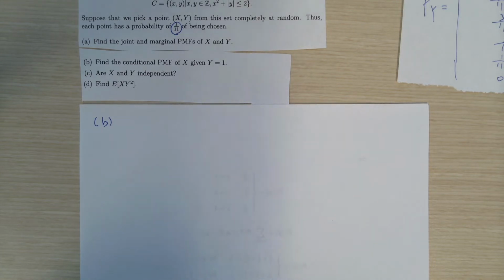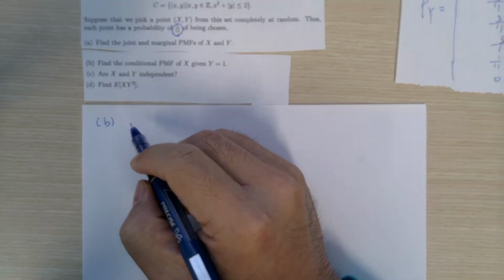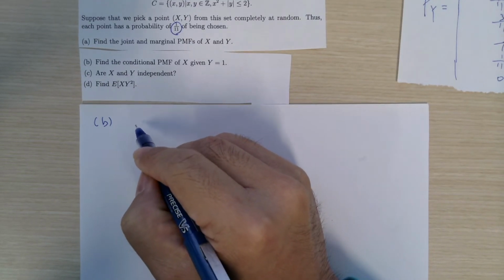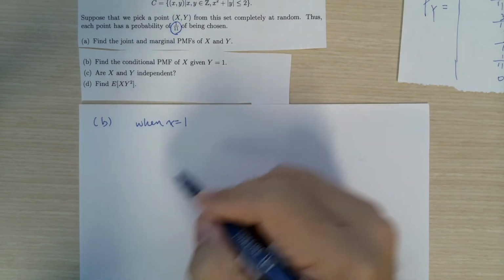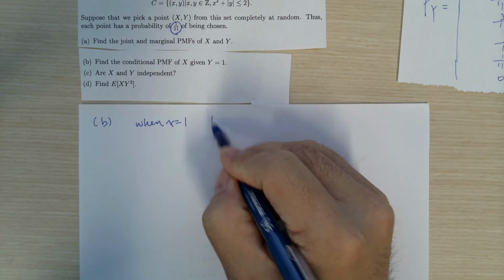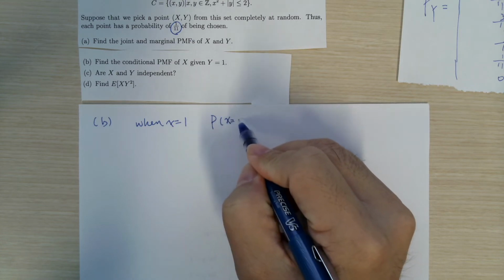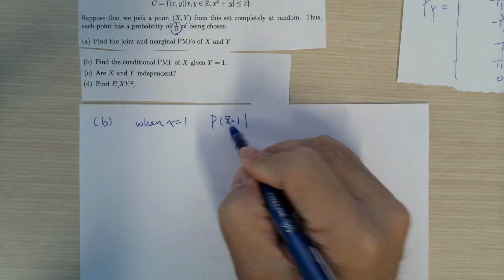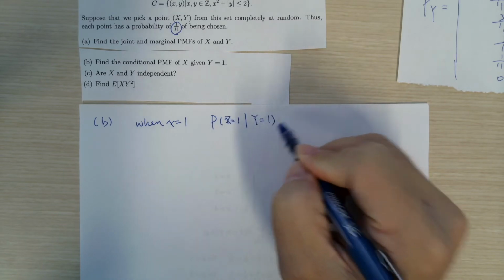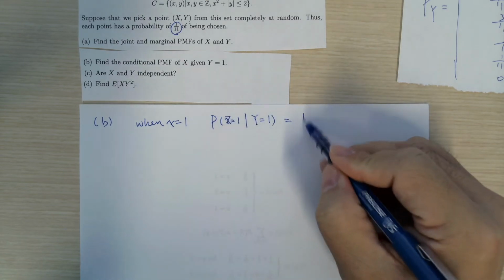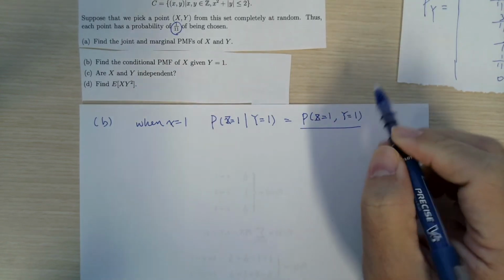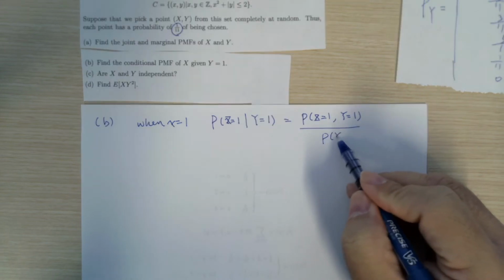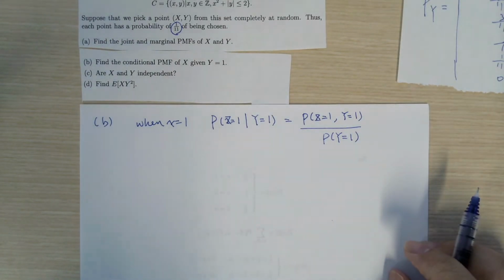As you can see, when X equals 1, the probability of X equals 1 given that Y equals 1 equals the probability that X equals 1, Y equals 1 over the probability that Y equals 1, right?